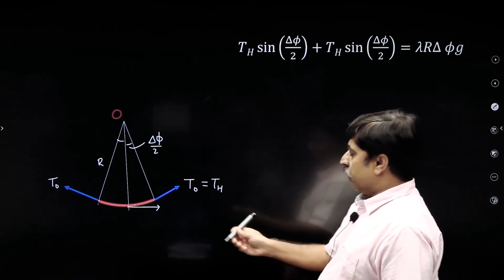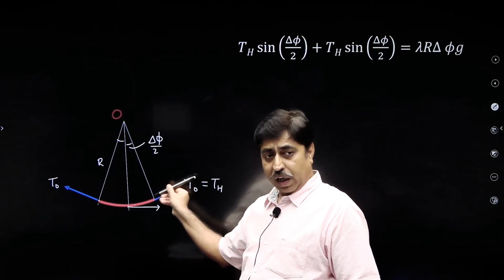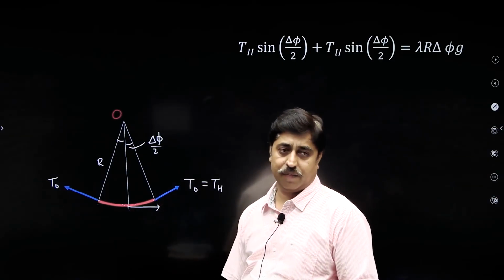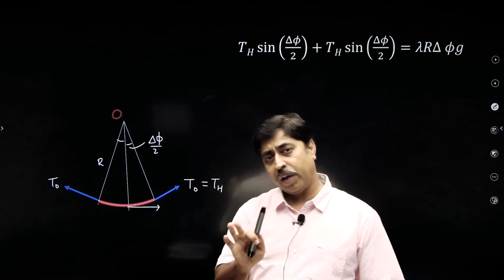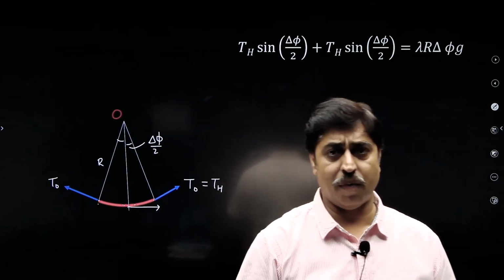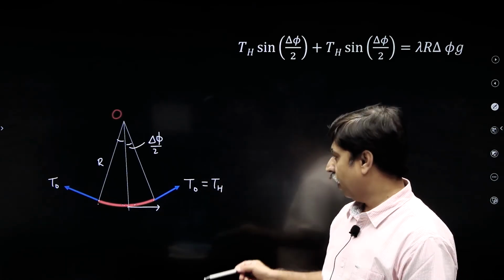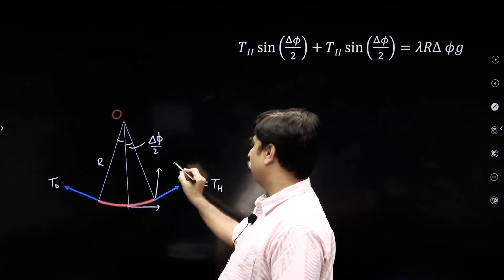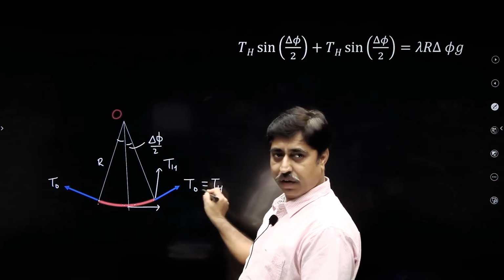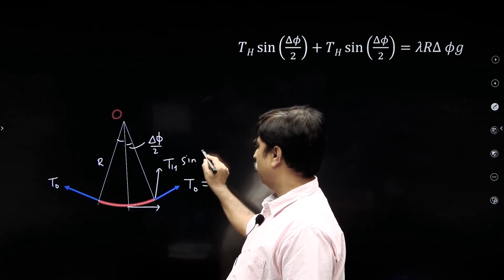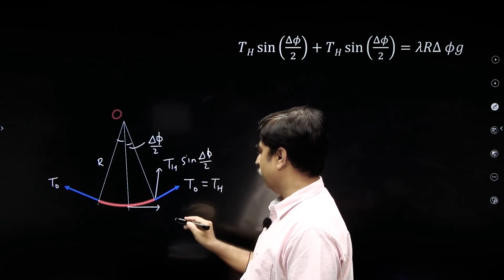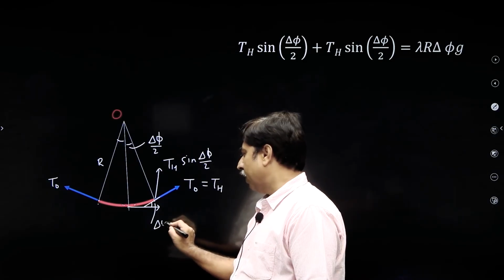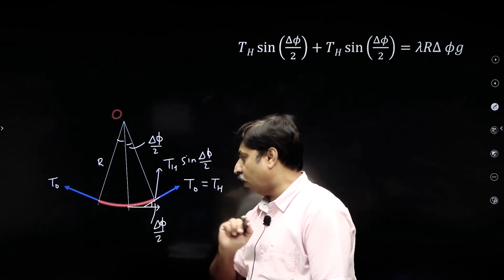Now, this particular tension here, the blue colored arrow, is not exactly horizontal. It is slightly tilted, so it will have a very small vertical component, but it will have a vertical component. And what will be that vertical component? If you take the vertical component of this tension, it will be T_H sine of delta phi by 2, because this blue arrow makes an angle of delta phi by 2 with the exact horizontal line.